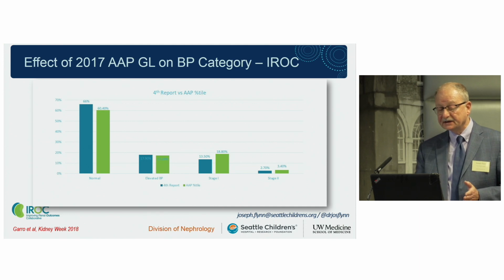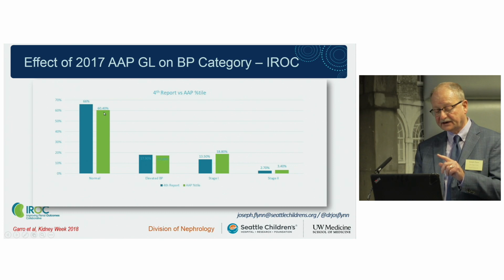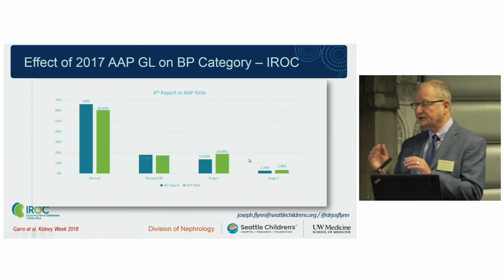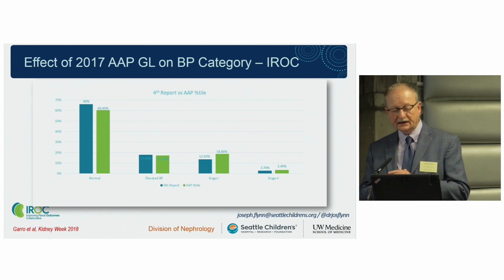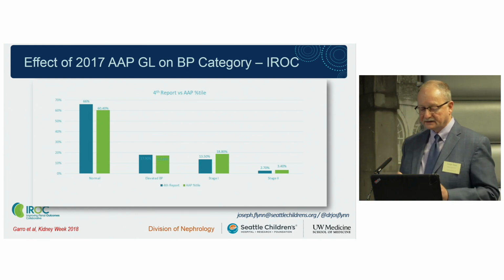And you can see that actually fewer patients are classified as normotensive and more patients are classified as hypertensive. And this is because of the lower normative blood pressures in the 2017 AAP guideline compared to the old guideline.